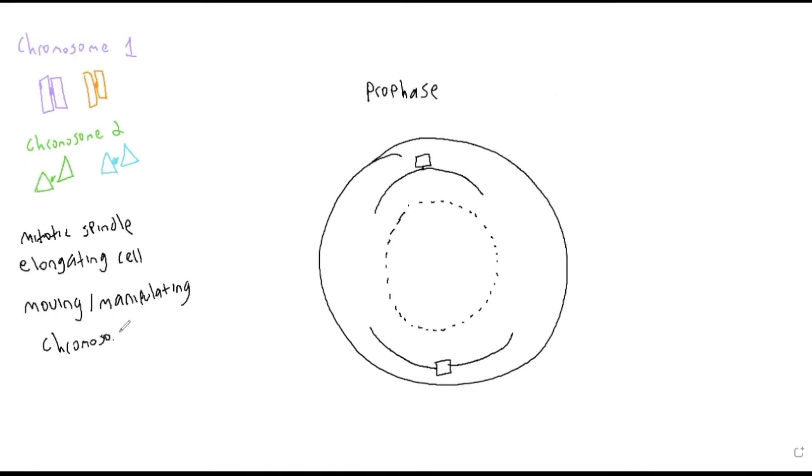Chromosomes can't move. Something has to move them. Remember that proteins are the biomolecules in our body that do things. So these proteins are going to act like a fishing rod and fishing wire. It's going to connect onto the chromosomes and move them. It's also going to expand the cell to prepare it to go into two different cells. And we're going to see our sister chromatids appearing for the first time.